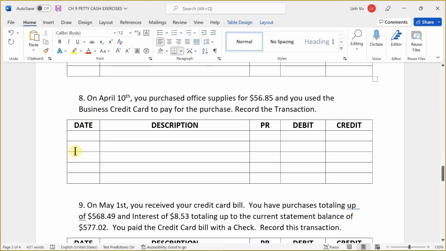Number 8, if on April 10, you purchase office supplies for $56.85, and of course you used your business credit card to pay for the purchase, record this transaction.